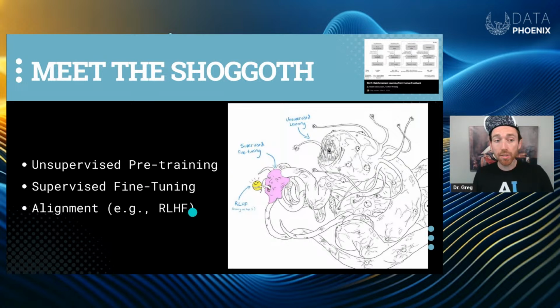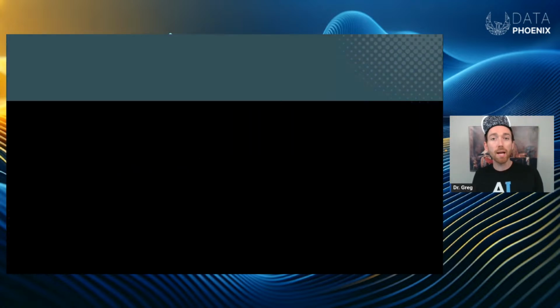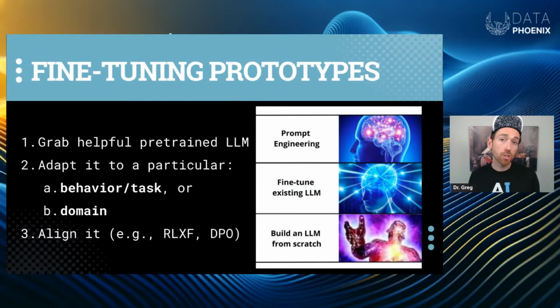There's a lot going on there. But what we want to really focus in on is that once we grab a helpful model off the shelf, meaning good at following instructions, we can adapt it to a particular behavior or domain through fine-tuning.